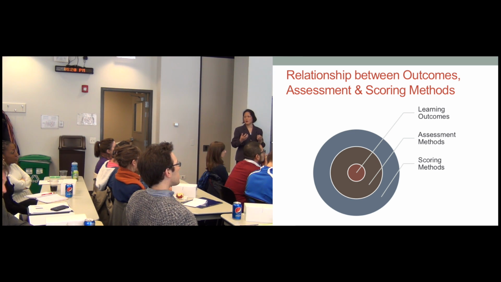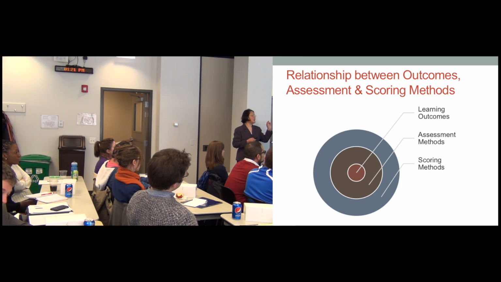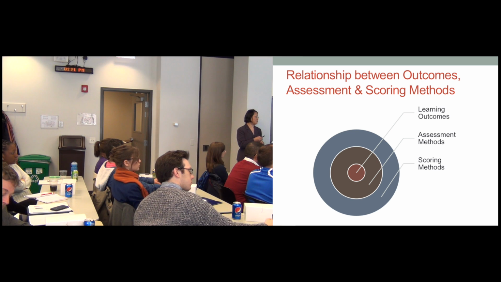It depends on what kind of learning outcome, and we want to make sure the assessment methods are appropriate for it. The learning outcome is the core of this process. So learning outcome drives assessment methods, which drives scoring methods. This is the relationship between these three major components of the assessment process.